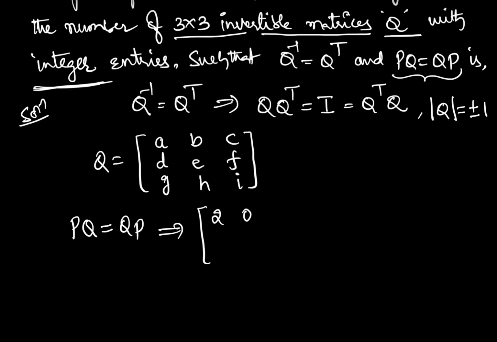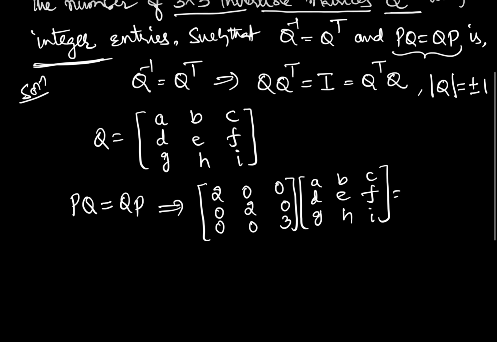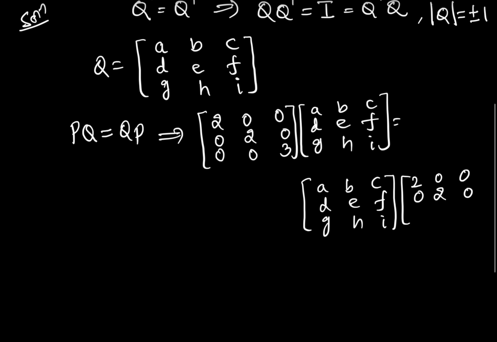So by using this condition that PQ equal to QP, just try to multiply. P is [2 0 0; 0 2 0; 0 0 3] into Q [A B C; D E F; G H I], which is equal to [A B C; D E F; G H I] into [2 0 0; 0 2 0; 0 0 3].